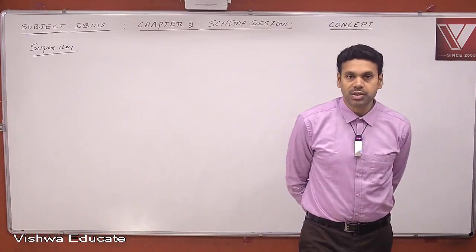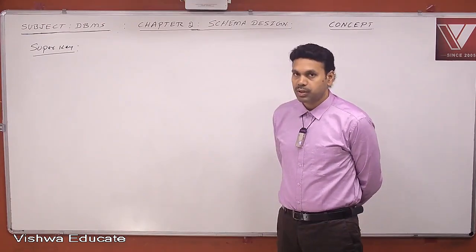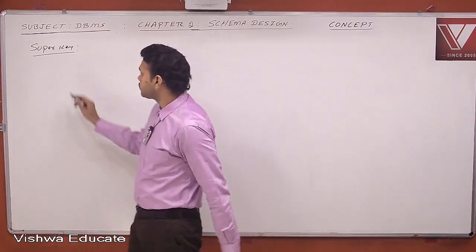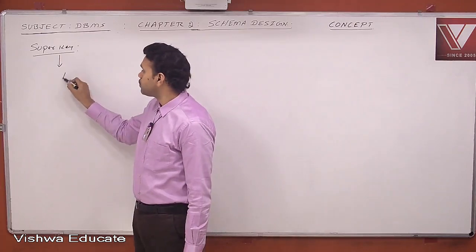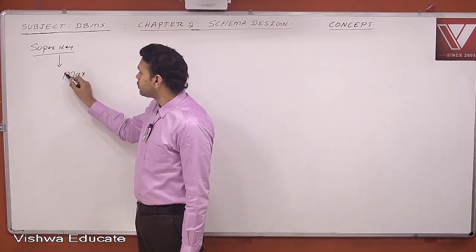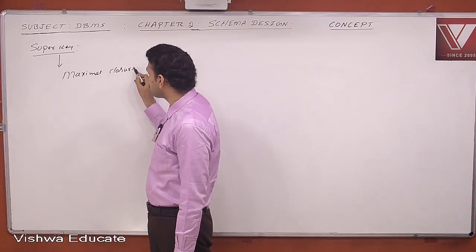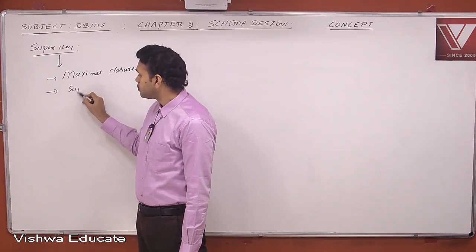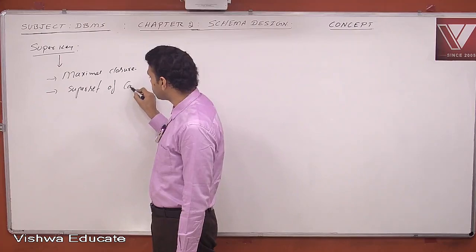Now in this session we will see a few things about super keys. So what is a super key? I gave you a few important things. Super key is nothing but maximal closure, and one more, superset of candidate keys.